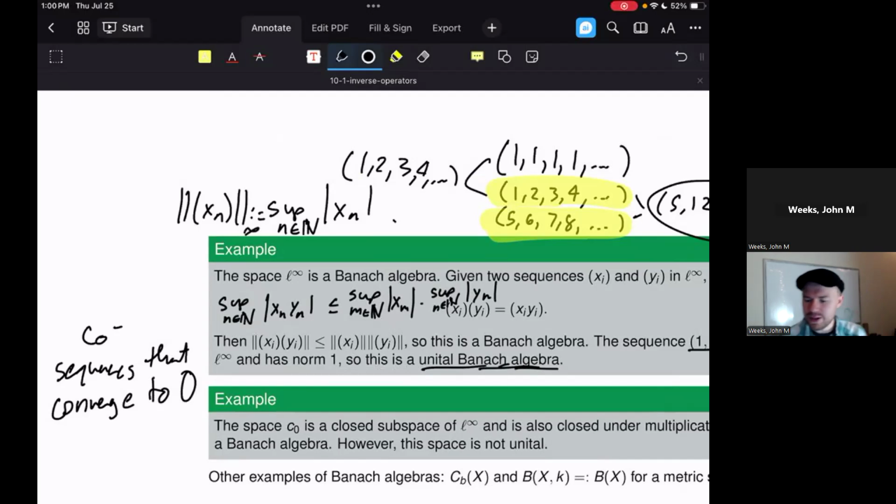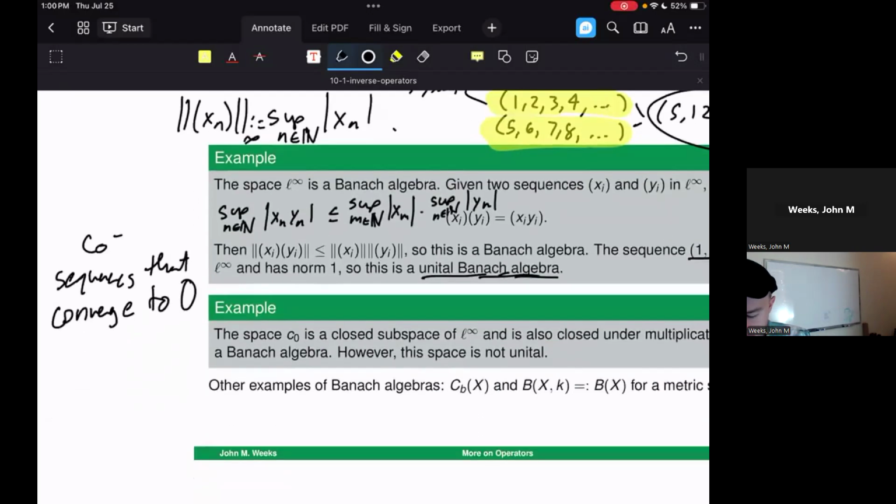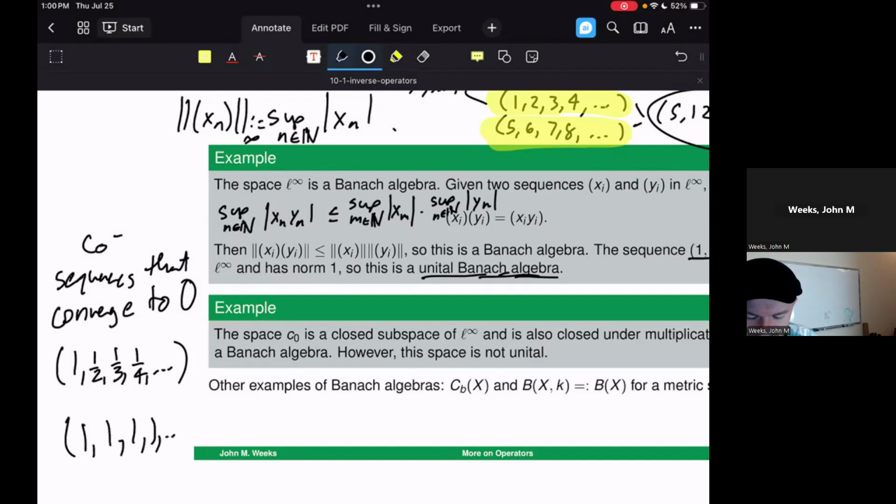Think, what sequence would I have to multiply a sequence that converges to 0 by in order to get exactly the same sequence back? Well, that sequence would have to look a lot like the same sequence that we had for little L infinity. In order to make these sequences multiply together coordinate-wise to get exactly the same sequence back, for this to be a unit, it has to have 1 in every single coordinate.